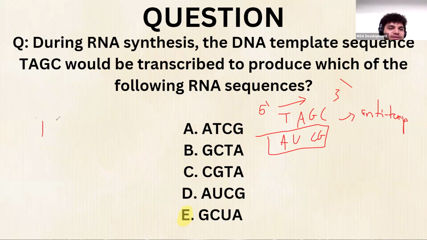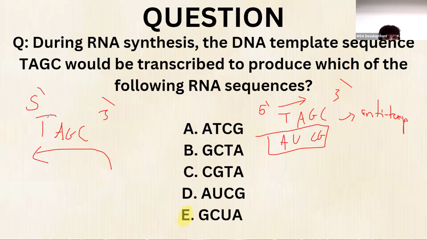So TAGC, okay? This is 5' and this is 3'. The ribosome, how will it read the DNA strand in order to make the mRNA? From the 3' to the 5'. So if I'm reading it in this direction, what will I get here? I will get G, C, U, A.